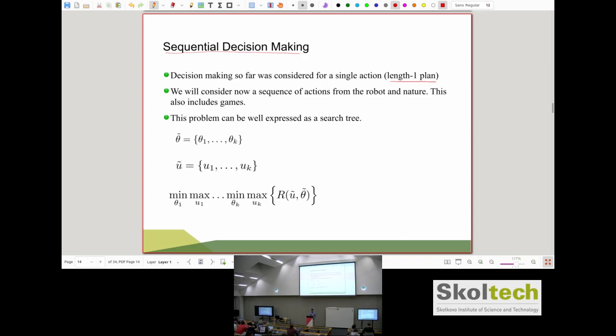But what if we consider a sequence of actions? What if the game goes on for not a single action, but several of them? This could also be true for games and for many processes going on. Sometimes it's not just a single action that you take and then you have a result. Maybe it's a sequence of them, and that makes the problem more complicated. We'll see.